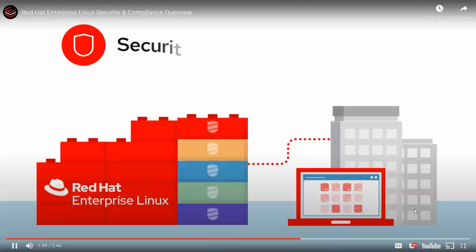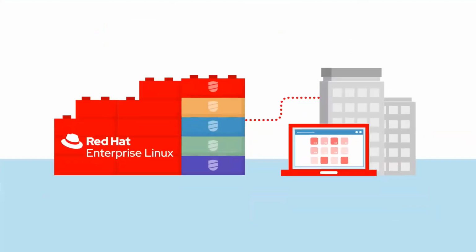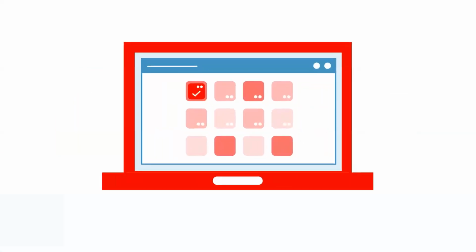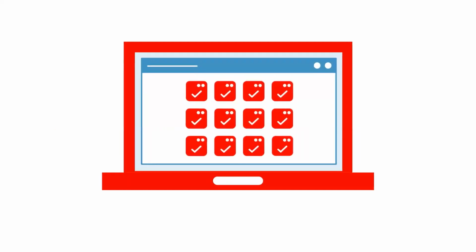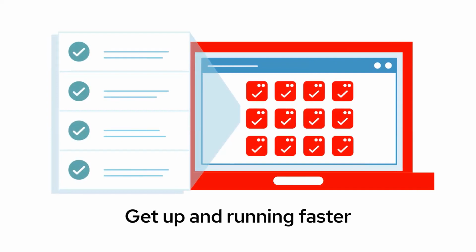To make security and compliance a part of the infrastructure from the very start, Red Hat Enterprise Linux provides built-in security configuration baselines that can be deployed and managed at scale. This allows you to meet most compliance requirements before you even put the system into production, dramatically shortening the time it takes to get up and running.